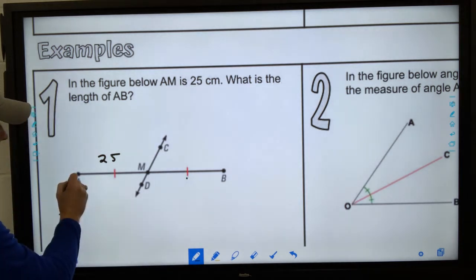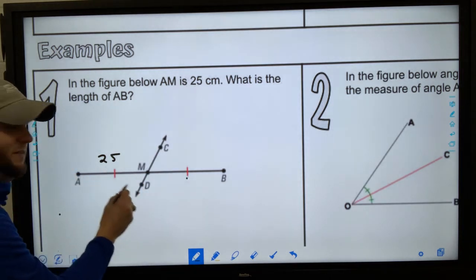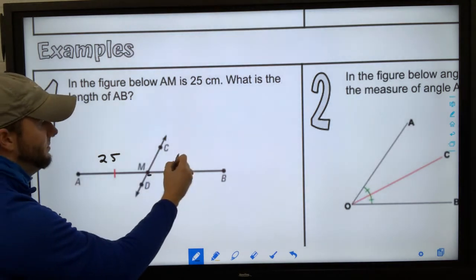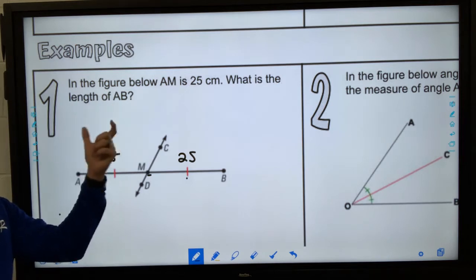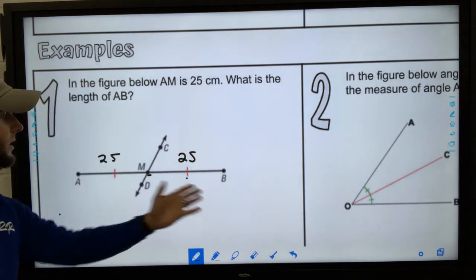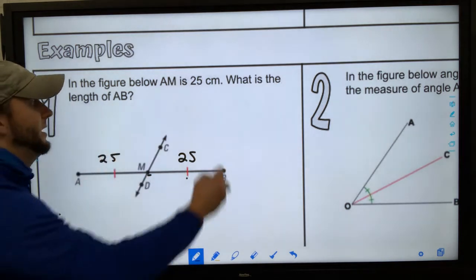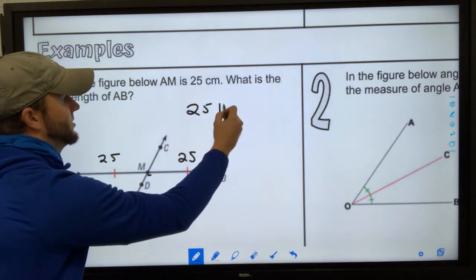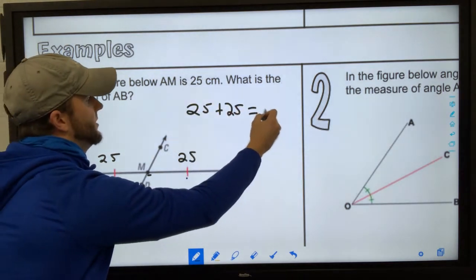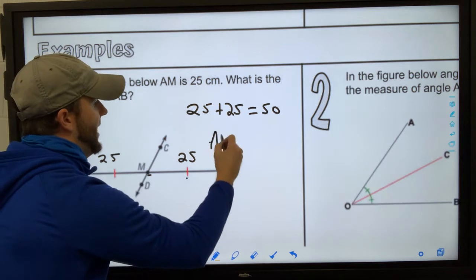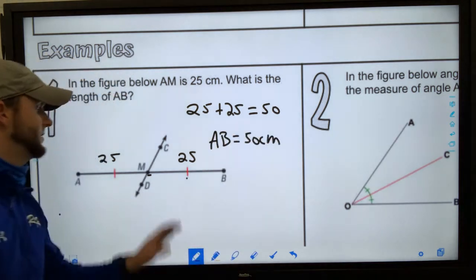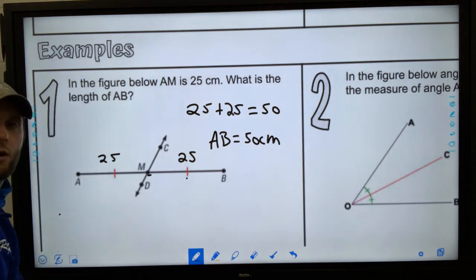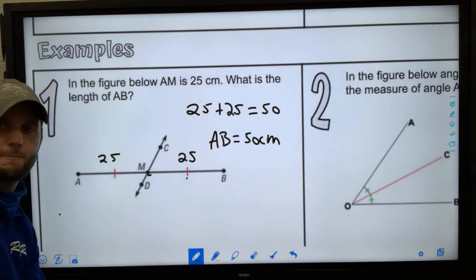So if from A to M, halfway, is 25, then from D to B is also 25. It wants the whole length of AB, which is just 25 plus 25, which gives you 50. So AB equals 50 centimeters because this line is cutting it into two equal parts. So the whole thing is 50, okay?